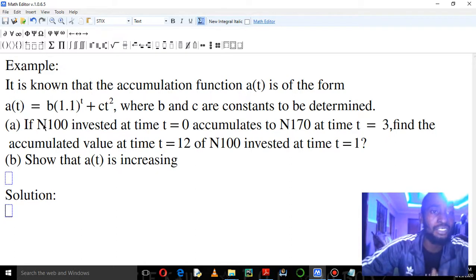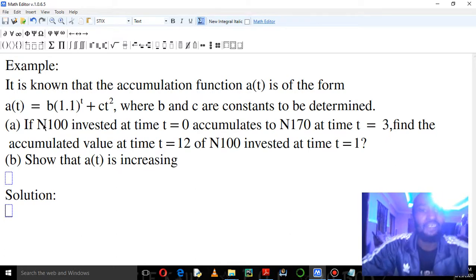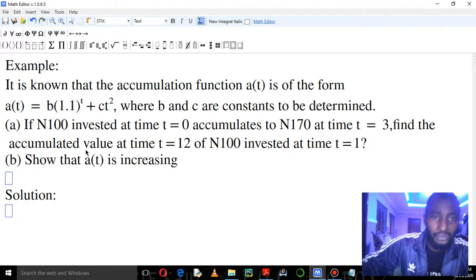Now the question is: it is known that the accumulation function a of t is of the form a of t equals b into bracket 1.1 raised to power t plus ct square, where b and c are constants to be determined. So we have to find our b and our c.